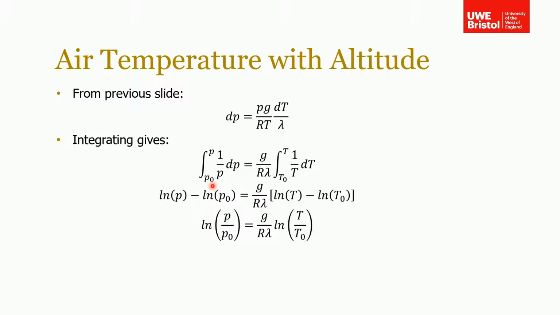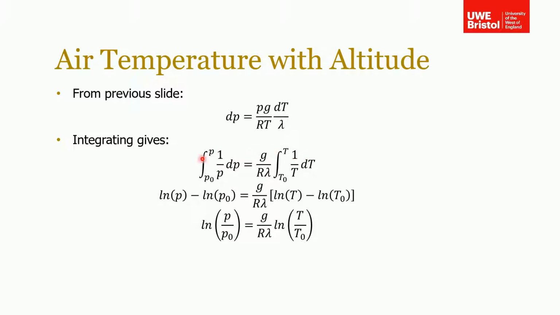So if the layer that you're interested in is the bottom layer in your atmosphere, then the bottom of the bottom layer is the ground. Okay, so this would just be sea level conditions. But if you were interested in an altitude that was in, say, the third layer in your atmosphere, then the bottom of the third layer is the top of the second layer. So that's the conditions that you should be using for that particular example.